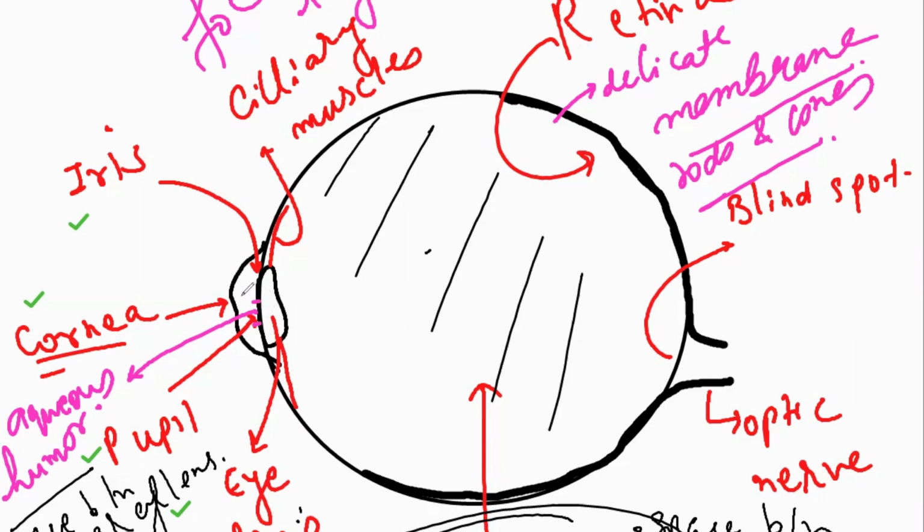Correct. Then this eye lens is a convex lens. It will what? It will converge the light. Suppose this is your light.